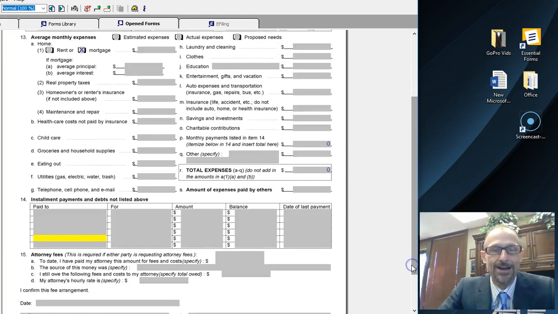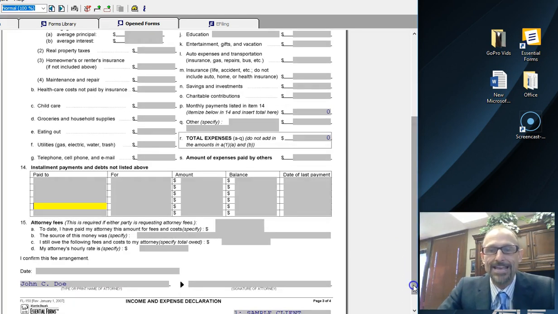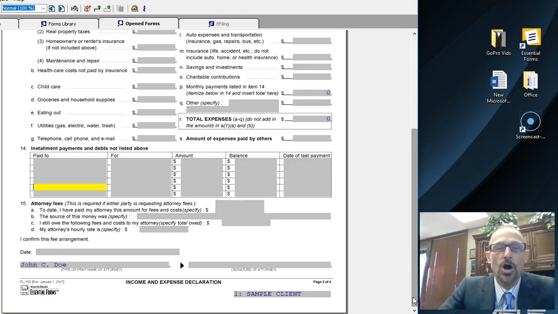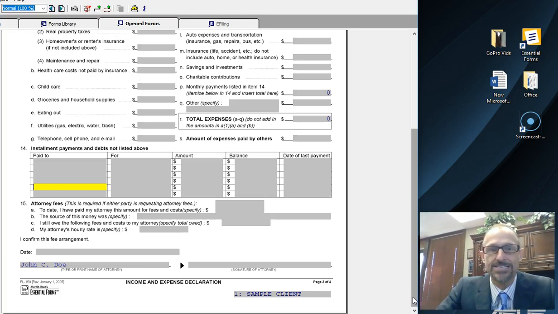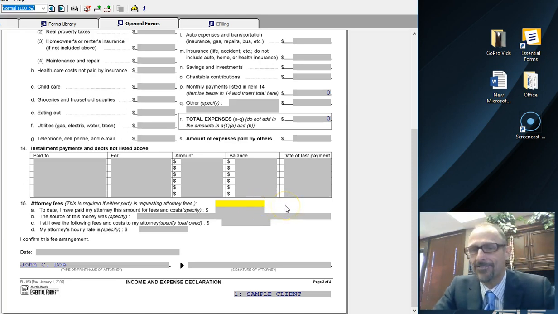Now, going down to 15. If you are representing yourself and have always represented yourself in this case, you're not going to have any attorney's fees here. However, let's say that you did have an attorney, or you do have an attorney.